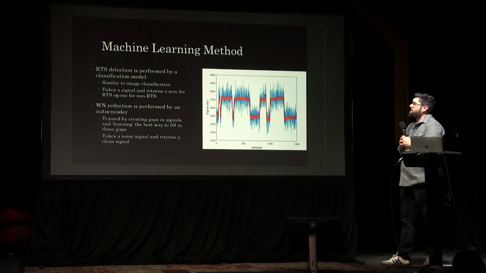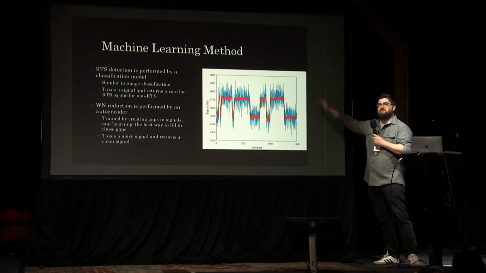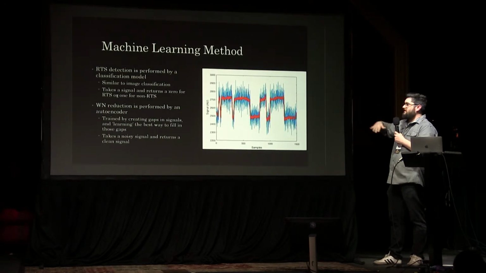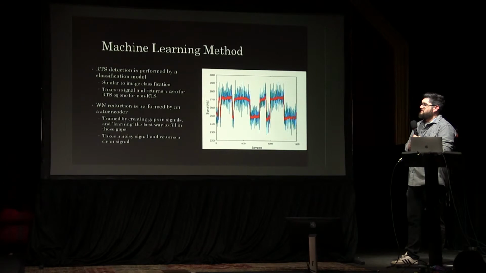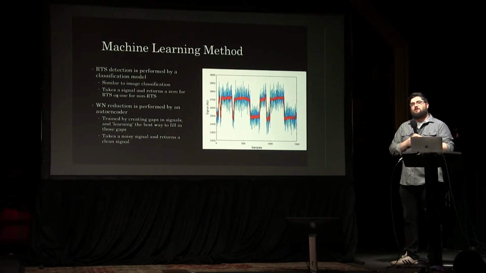Additionally, I don't like all this noise going on. And when I say noise, I mean this is RTS noise, is the big transitions, but there's also Gaussian noise, or white noise, the stuff that is constant over both levels. And that stuff's not interesting at all. You can't get rid of it physically, so you have to get rid of it computationally. And so I used what's called a denoising auto-encoder.